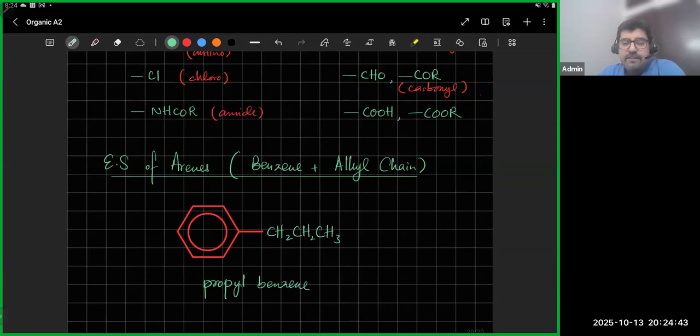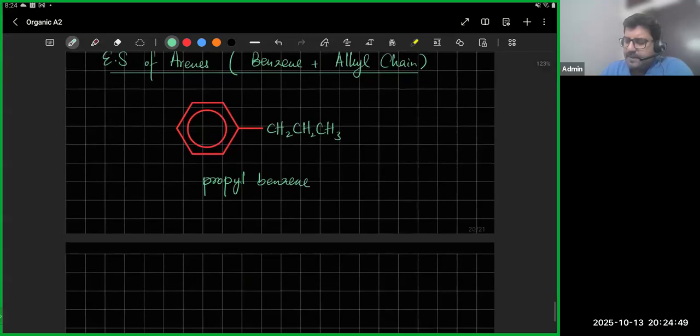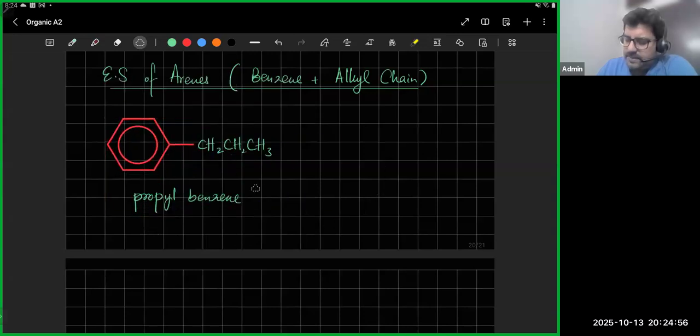Similarly, you're going to have methyl benzene. The naming is pretty basic. So this one is propyl benzene, and you can similarly have methyl benzene as well.